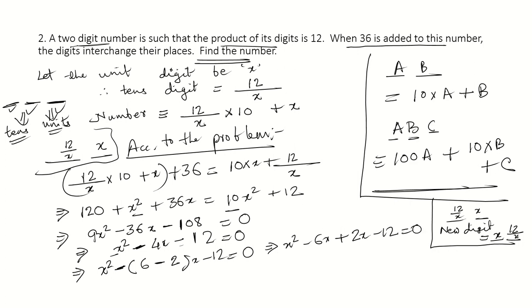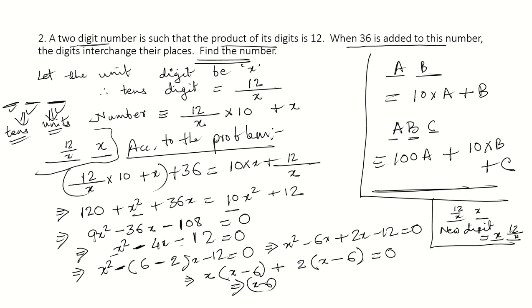So from here, we can take x common, which is the common factor between x squared and 6x. We get x times x minus 6, plus we take 2 outside, 2 as a common factor between 2x and 12, we get x minus 6 equals 0. So again, x minus 6 we can take as common, which is a common factor.